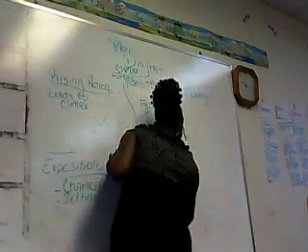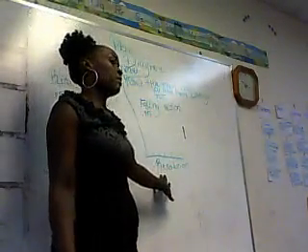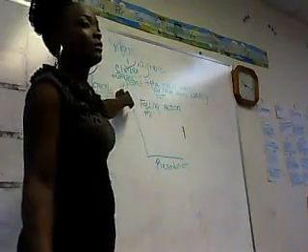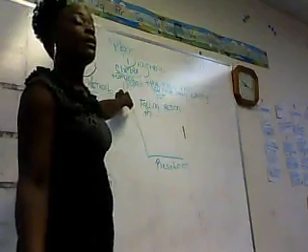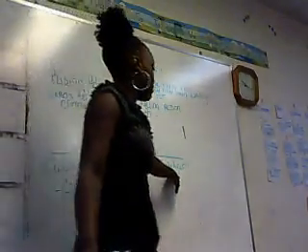So I have two valleys. What's the name of my two valleys again? Exposition and resolution. In between these two valleys I have a climax. I have my resolution right here.